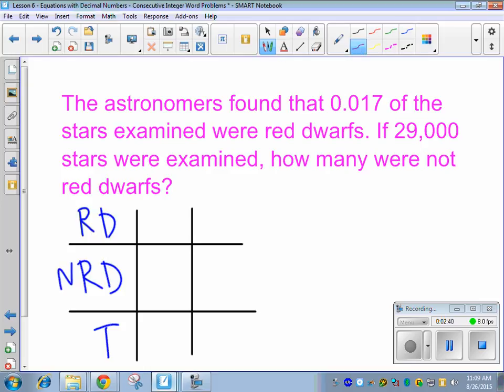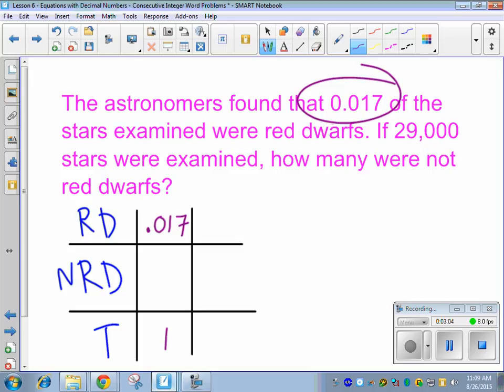The astronomers found that 0.017 of the stars examined were red dwarfs. So that goes in this column for red dwarfs, 0.017. And the total is always going to be 1 when we're doing these decimals. So 0.017 are red dwarfs. The total is 1, just like the fraction box.